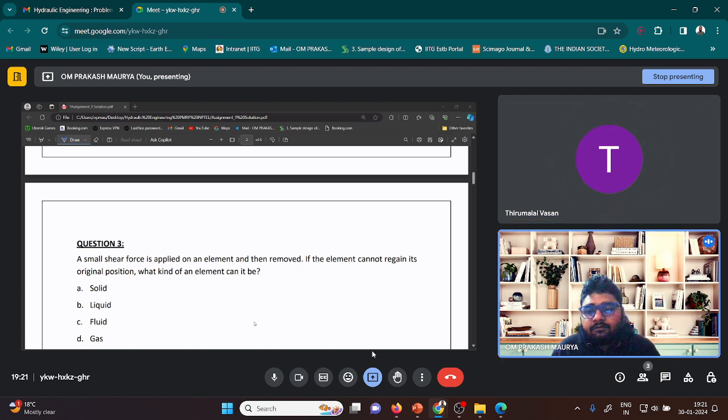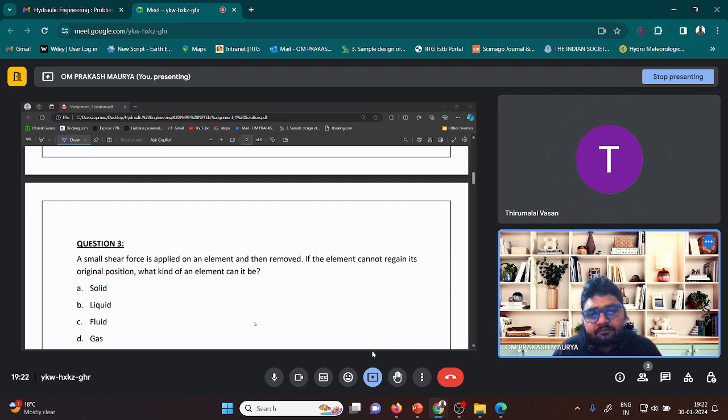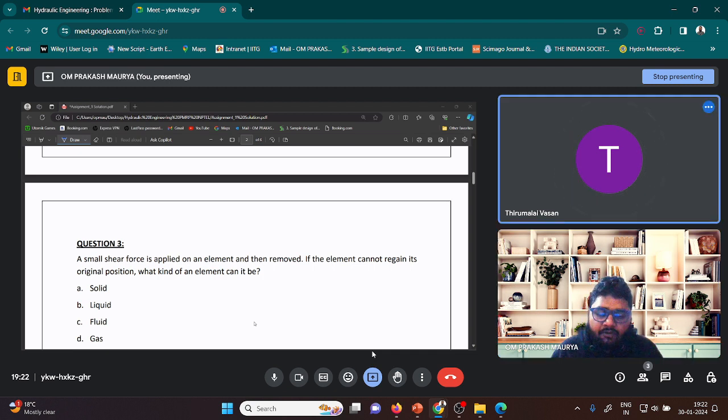So what is the question written here? A small shear force is applied on an element, and then removed. After applying, you will remove this force. If the element cannot regain its original position, what kind of an element can it be?